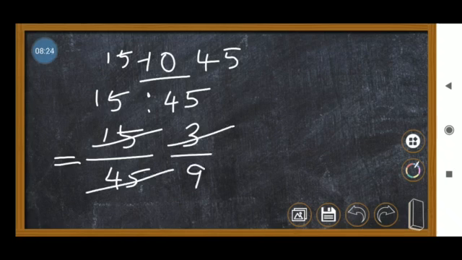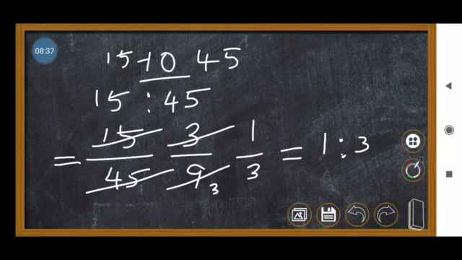And one more thing, 1 3s are 3, 3 3s are 9. That means 1 divided by 3, so 1 is to 3. So it's a correct answer, this is the ratio of 15 to 45. So for the first two numbers we found the value 1 is to 3.